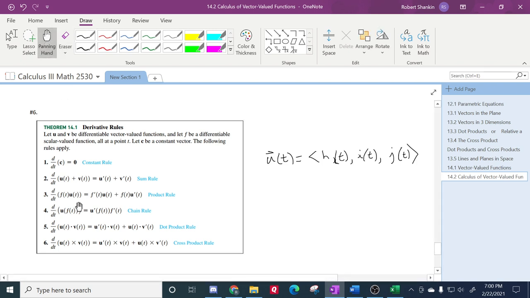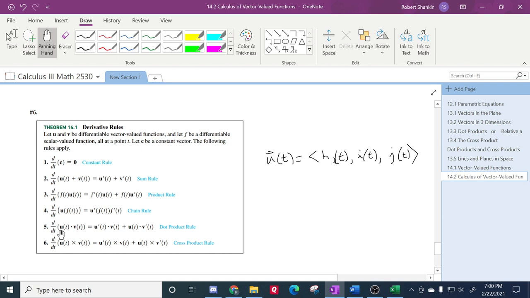And then if you have a scalar function inside a vector function, then we get the old-fashioned chain rule inside. The vector function just works kind of like it was a scalar function.